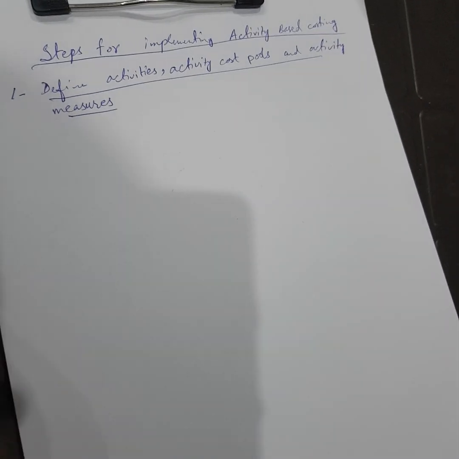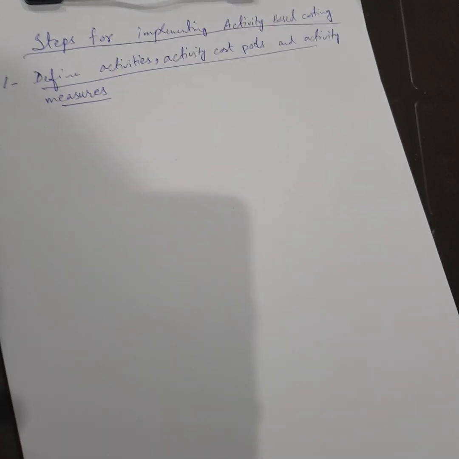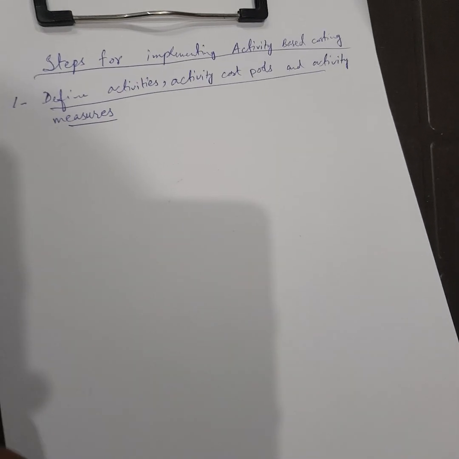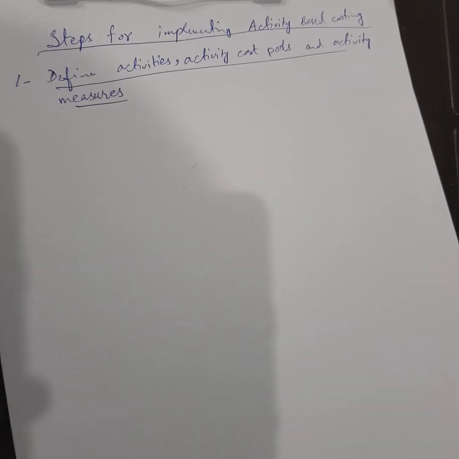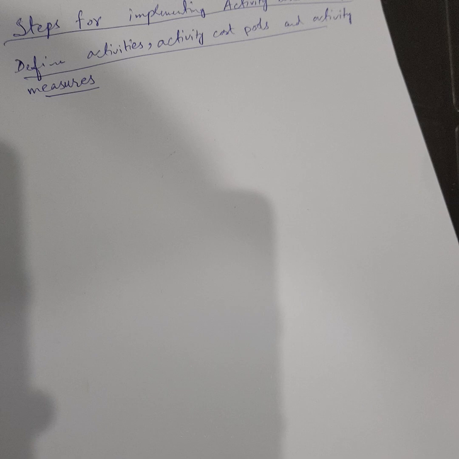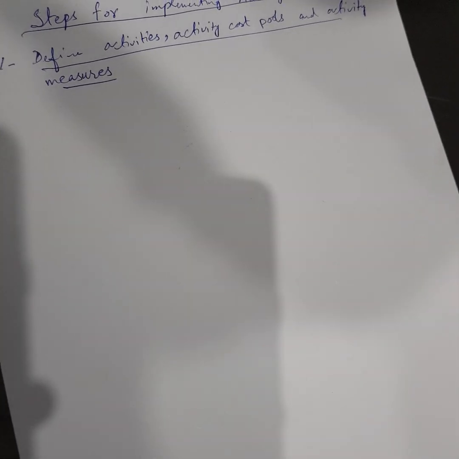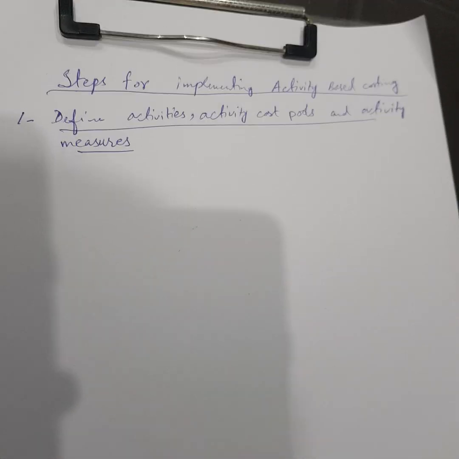As we already discussed what activities, activity cost pools and activity measures are, it is the major step to implement activity based costing. It is difficult because it is time consuming and involves a great deal of judgment.